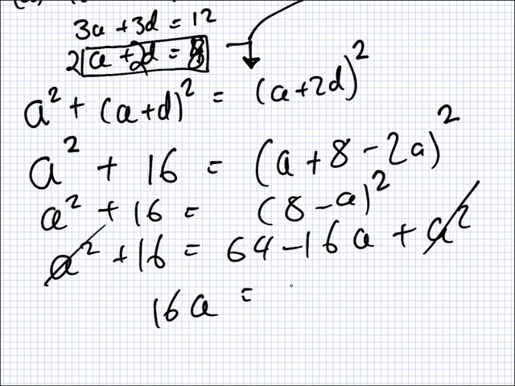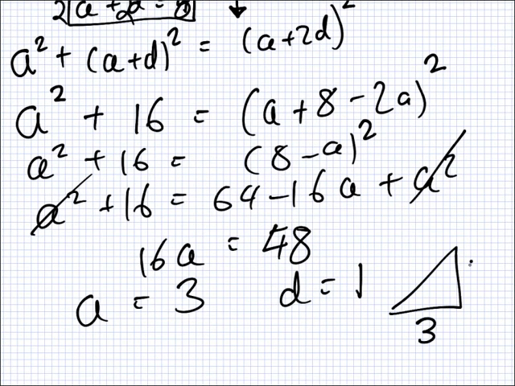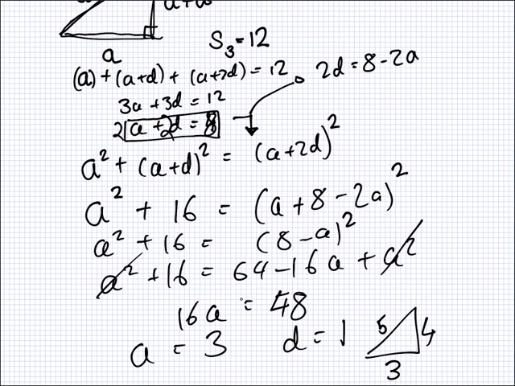16A equals 48. So A equals 3 and then D equals 1. So the three sides would be 3, 4, 5. There is no other answer.